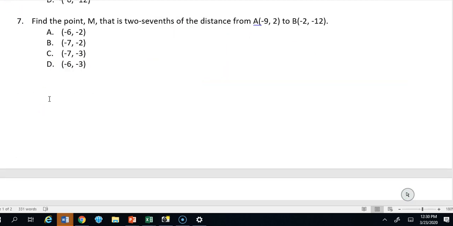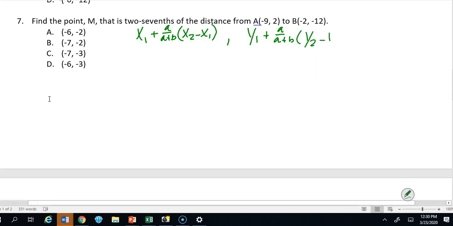So number 7 says find the point M that is 2/7 of the distance from A to B. Now this one is the second formula on your formula sheet. So it's x1 plus A over A plus B times x2 minus x1. That's our x value. And then y1 plus, again, A over A plus B times y2 minus y1.